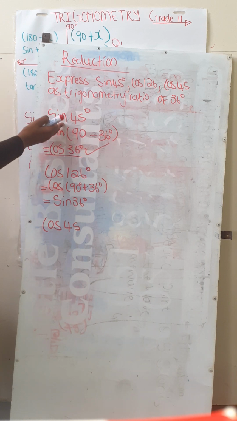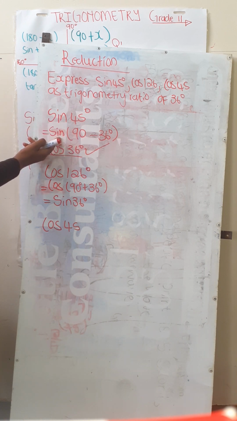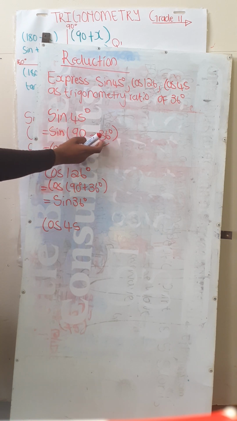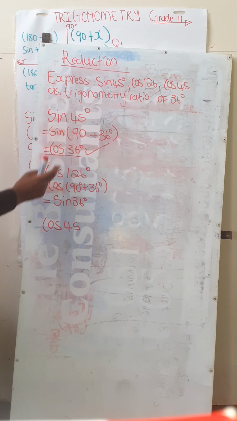So yes, we have sine here, and this sine qualifies as cos, not sine 45. Sine 45 is sine 45, but sine 90 minus 36 is the one that needs to be cos. And here, cos 126 cannot be sine, but cos 90 plus 36 needs to be sine. So here we have cos 45. You can do that quickly and then come back to check your answer.